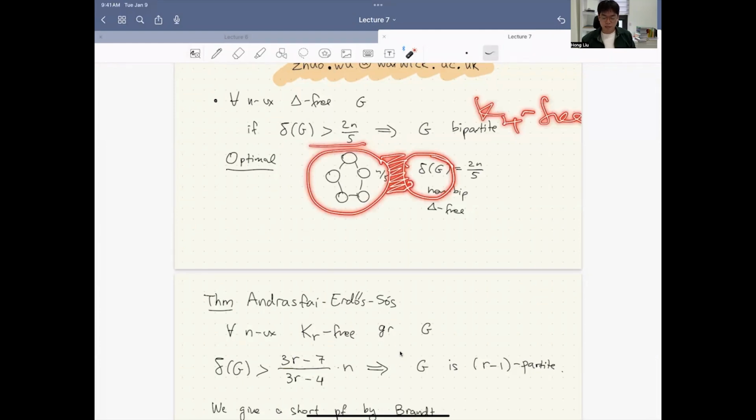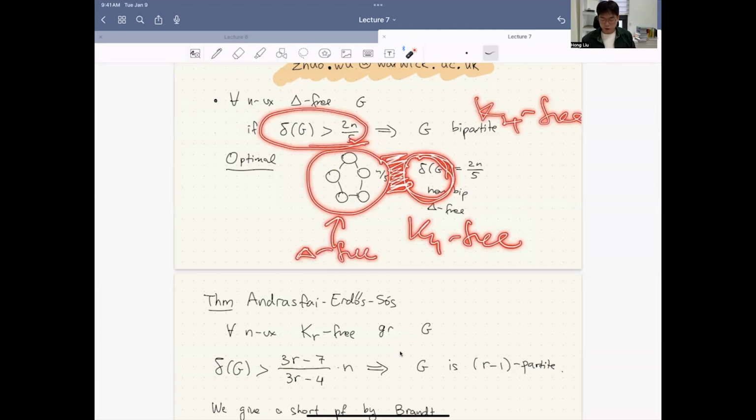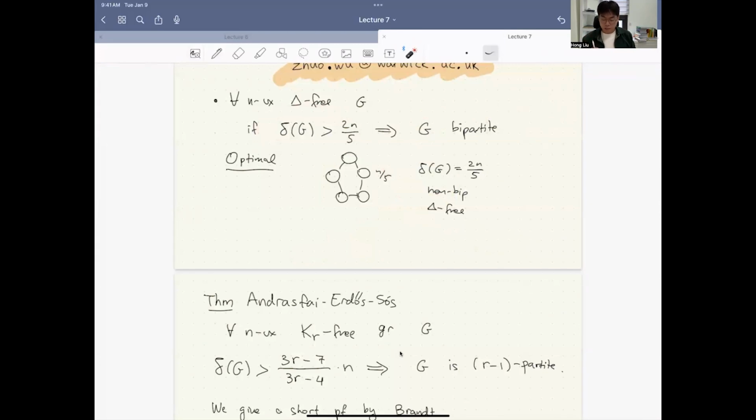Then this graph likely will maintain all the nice properties you have, in this case minimum degree, and it's K4 free because you just add one more part and the original one is triangle free. If it's K5 free, you add one more part, and so on and so forth, completely joined to the previous. For a lot of extremal problems, for the lower bound construction you just need to come up with a triangle free one and attach new parts completely joined to previous ones.